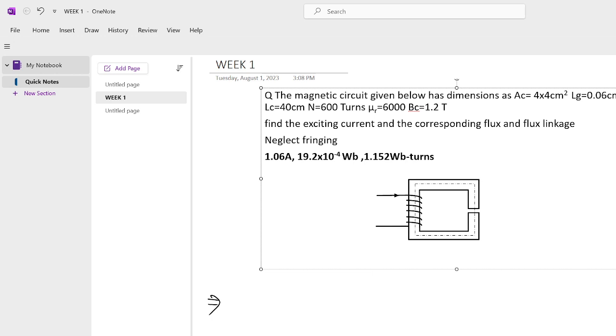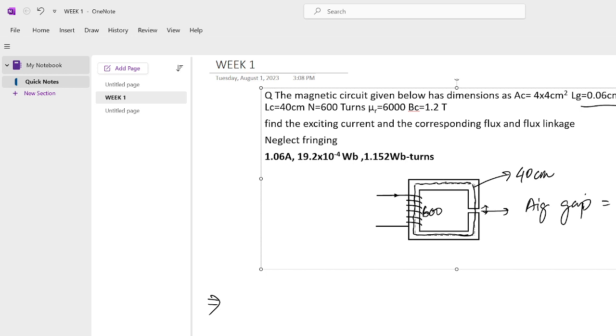The gap length, this is the air gap provided here, is 0.06, and the mean flux path is 40 centimeter within the core, and then the number of turns given is 600.